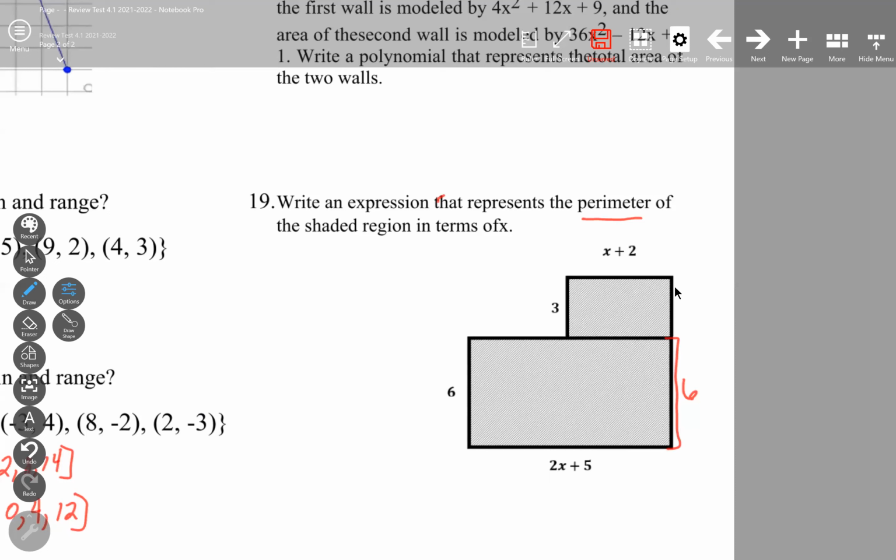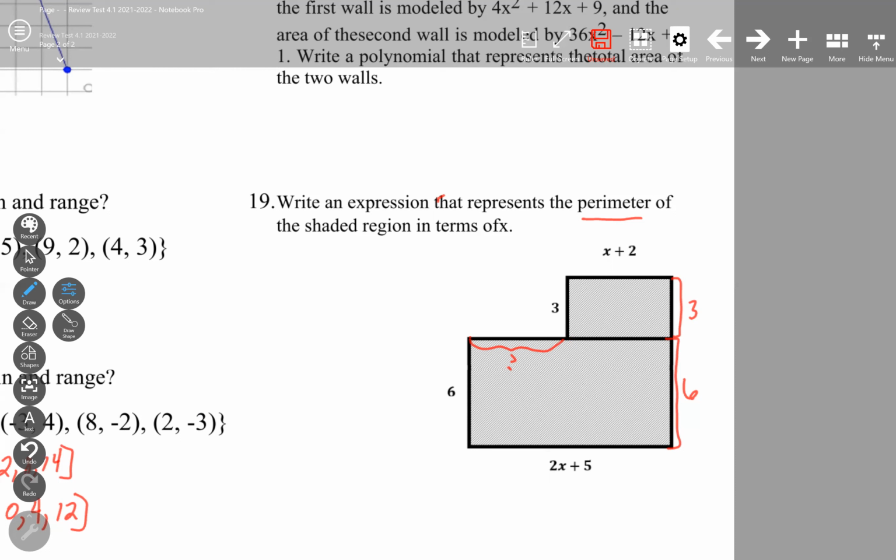Okay, and then let's look at our small rectangle. We got this upright side is 3, so this part over here is also going to be 3, yeah? Okay, now here's the big question. What's this piece right here? What's that part? Well, we're going to actually have to find the difference, yes?